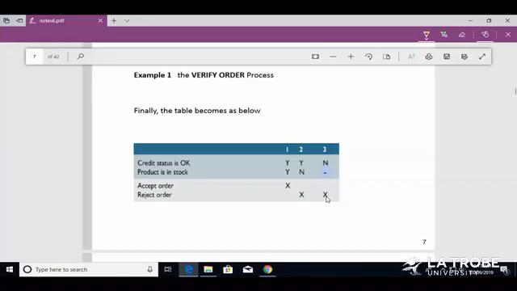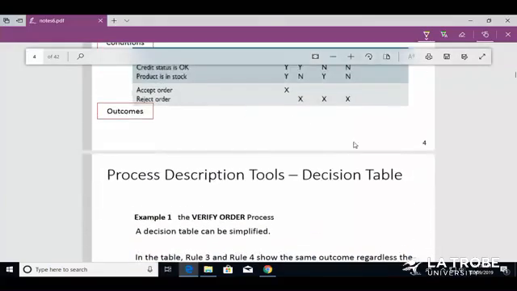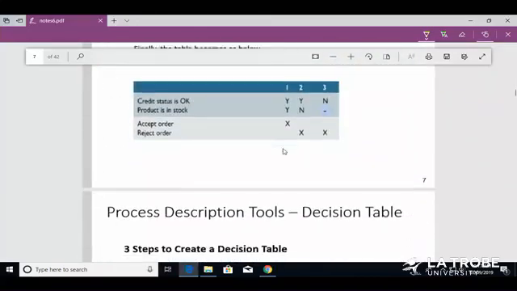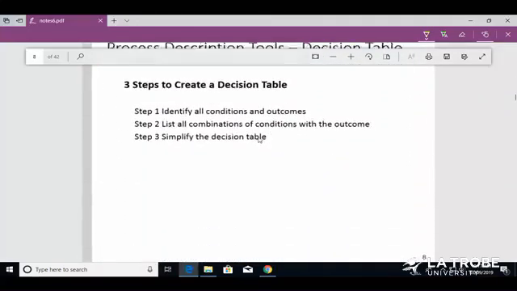Create the decision table, and then find those rules that share the same outcome. We need to combine them to represent one rule. All right? So this is an example of creating a decision table to verify the order process and then simplifying it.